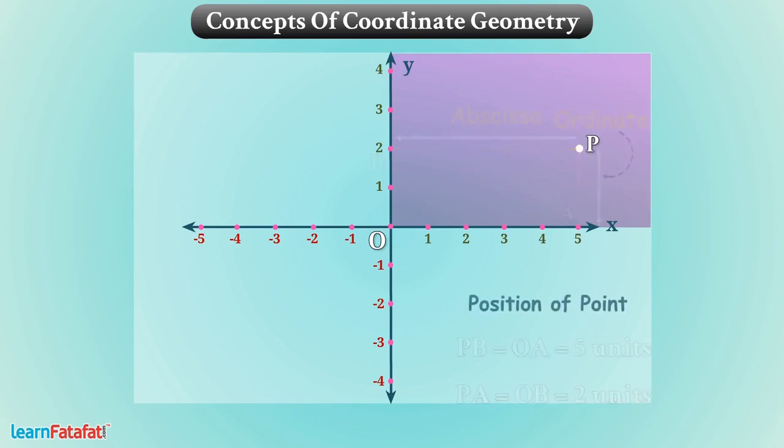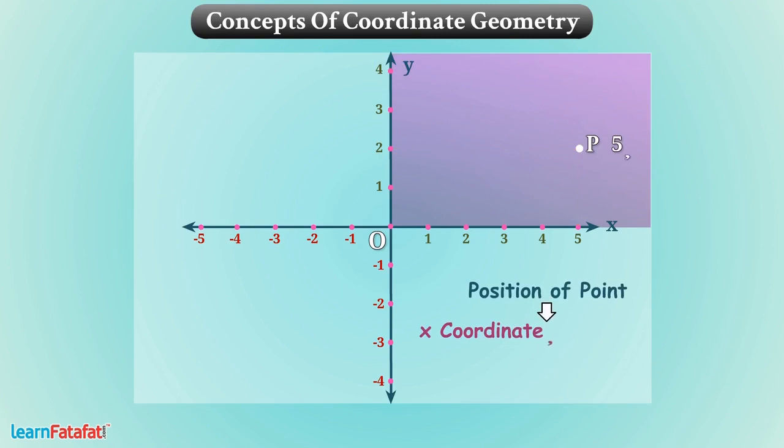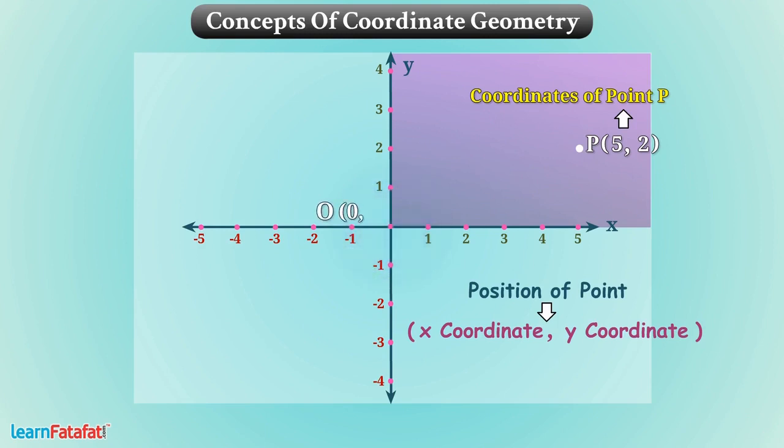To write the position of the point, we write the x-coordinate first followed by a comma and then the y-coordinate inside a bracket. Such representation is called the coordinates of point P. Likewise, we can write coordinates of origin O as 0, 0.